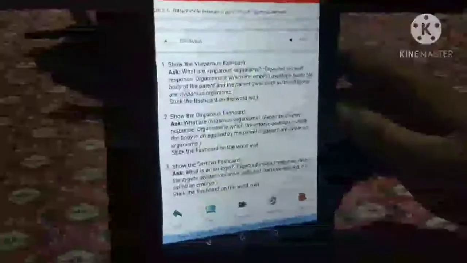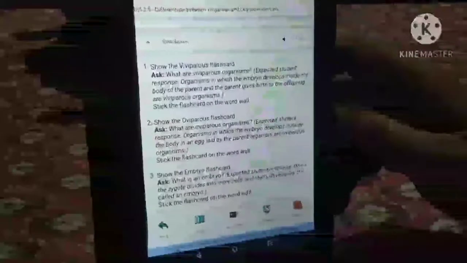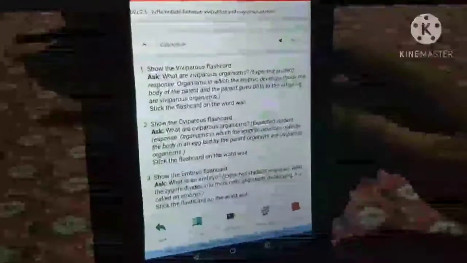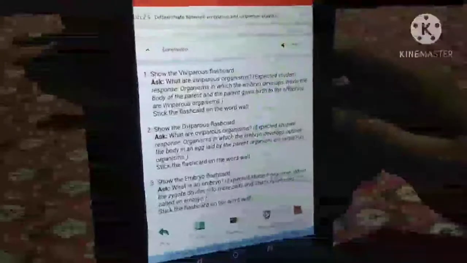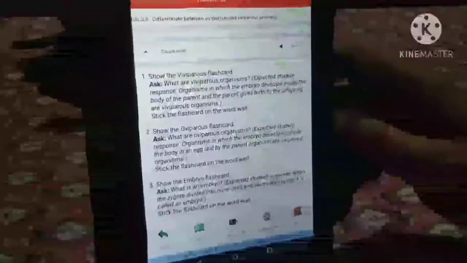Right? What are oviparous organisms? Organisms in which the embryo develops outside the body in an egg laid by the parent are oviparous organisms. What is metamorphosis? Metamorphosis is the series of drastic changes that an offspring undergoes to resemble its parent as an adult.